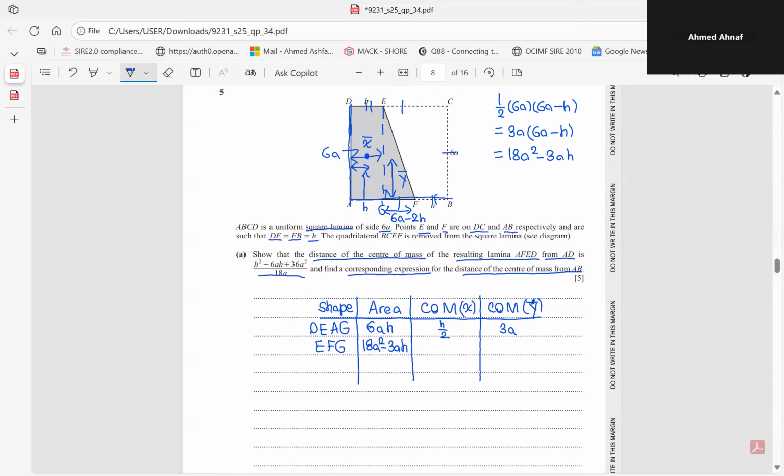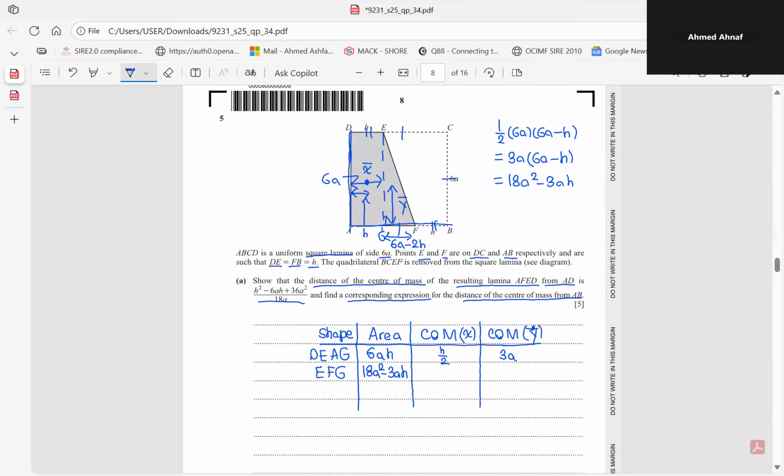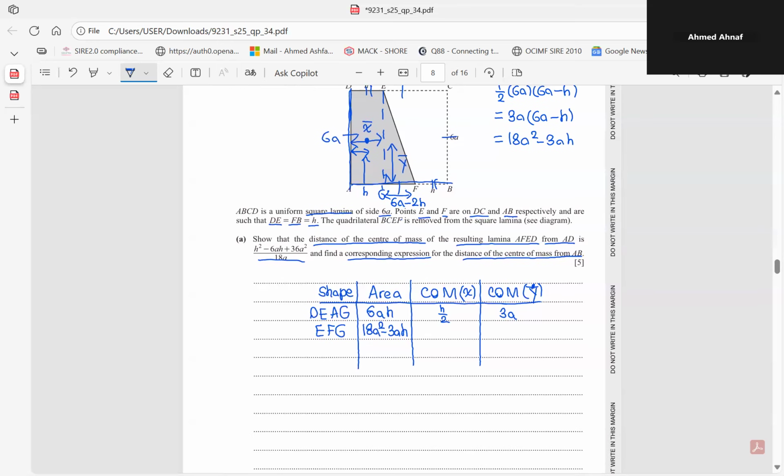So the center of mass for EFG. To find it, this applies to any triangle. If you want to find the horizontal displacement, you just take the x coordinates.